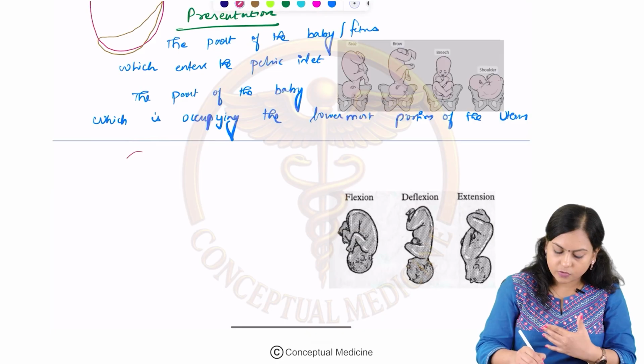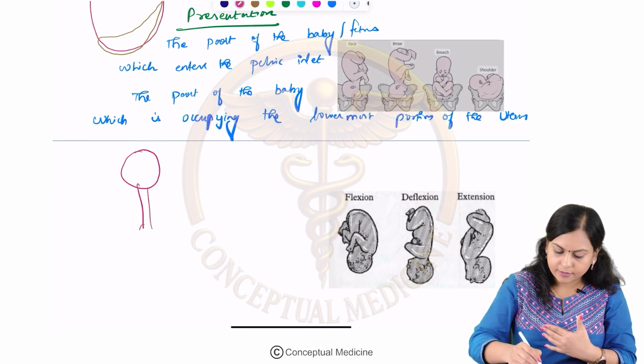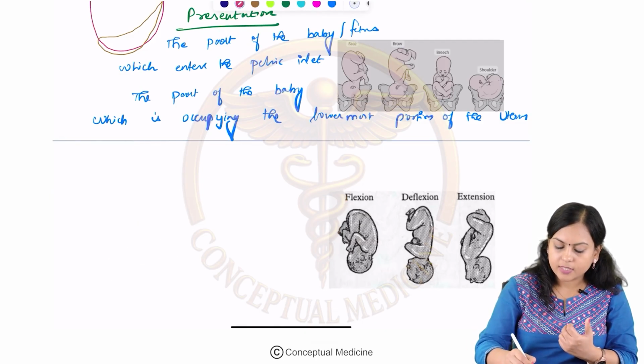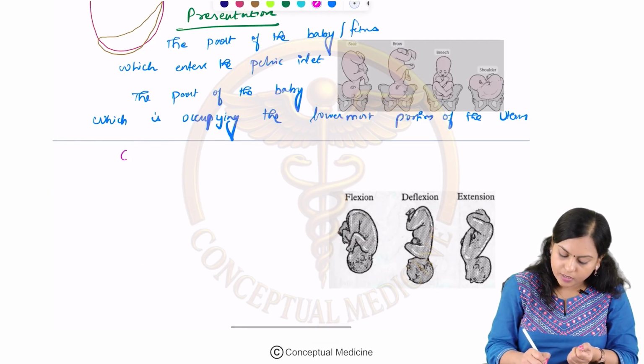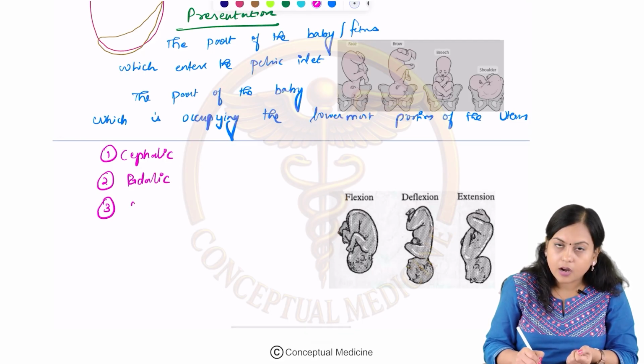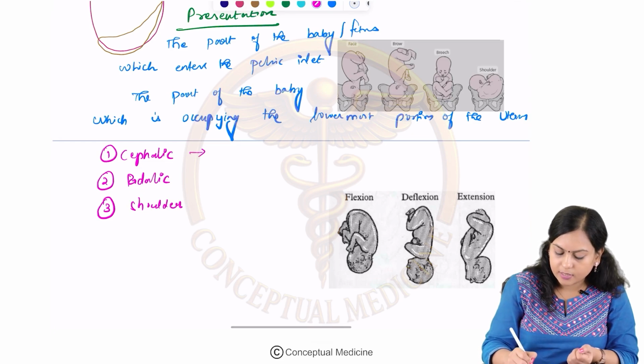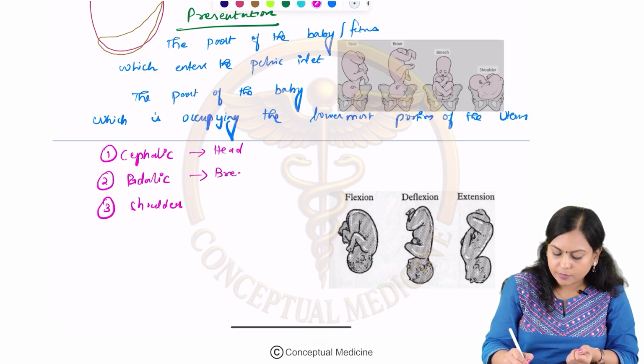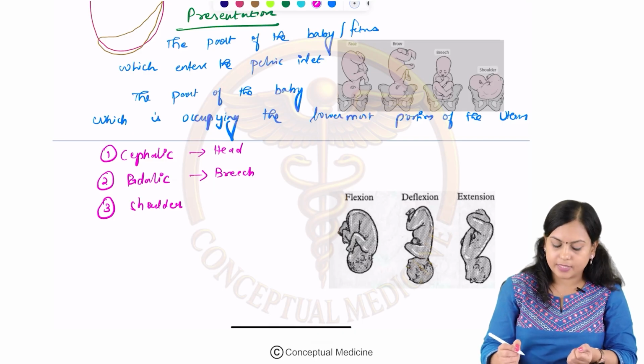So what can be the possible presentations? Okay. So normally like this only we'll have the baby, right? Normally these presentations can be a cephalic presentation or a podalic presentation or a shoulder presentation. So cephalic presentation means the head becomes the presenting part. Podalic presentation, the breech or the buttocks becomes the presenting part, and the shoulder presentation.